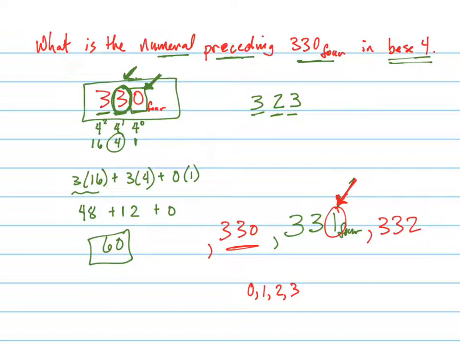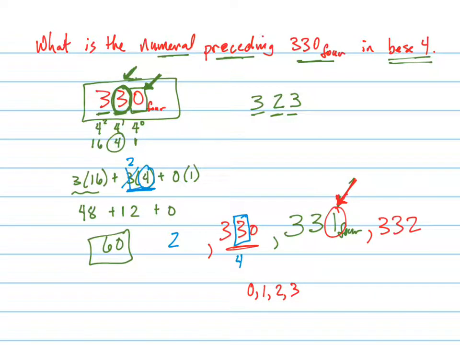So basically what I'm doing is I'm borrowing one of these. And remember, that's the 4's place. So I have 3 4's. If I make that 2, now I just took away 1, I took away 4.